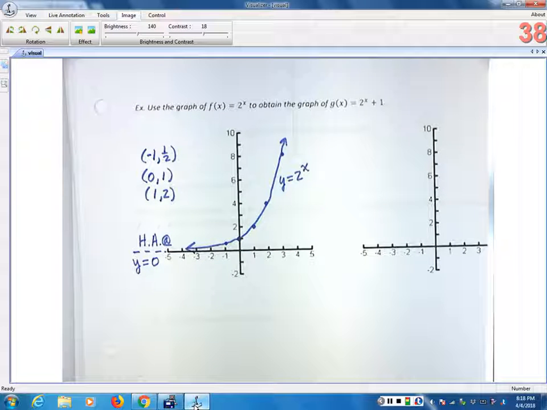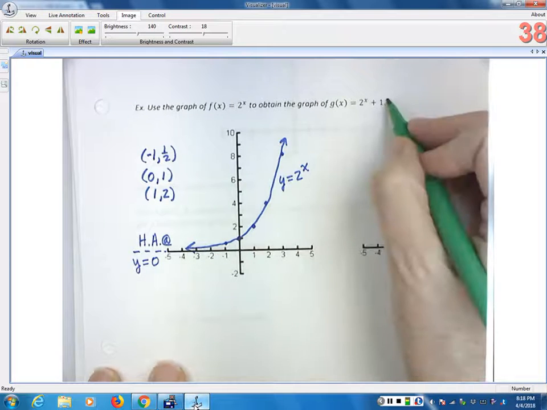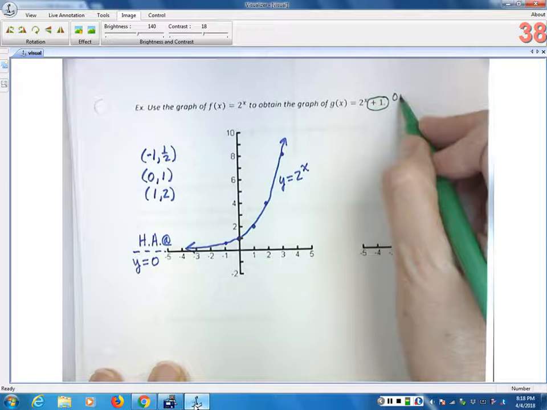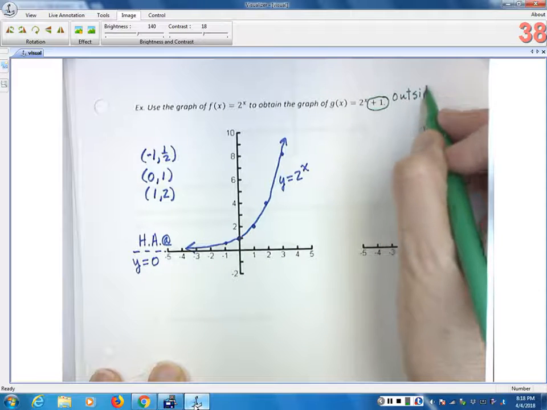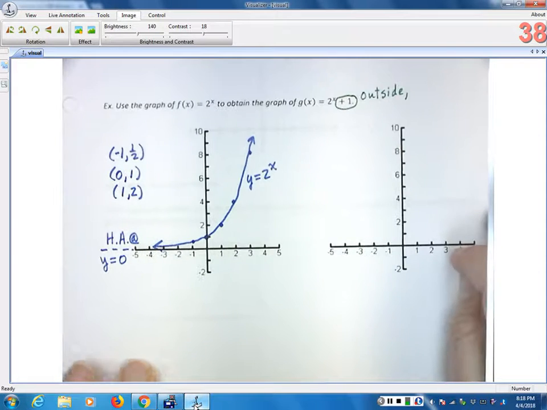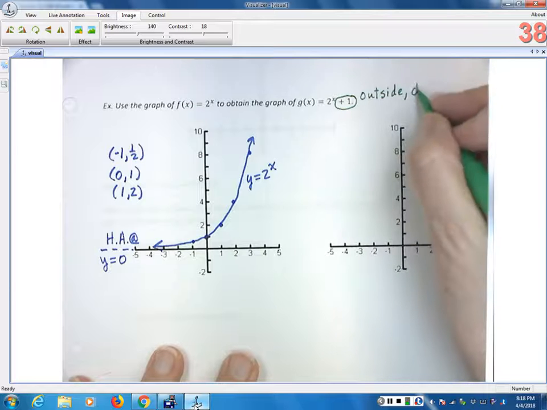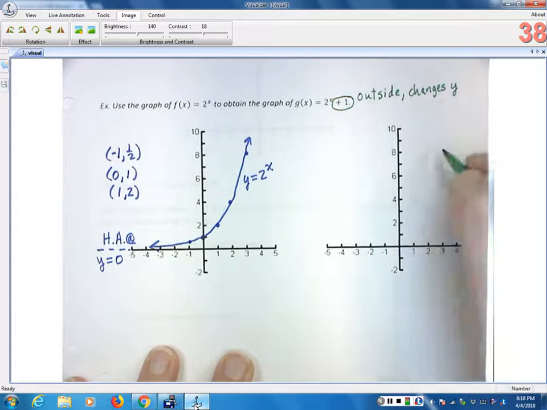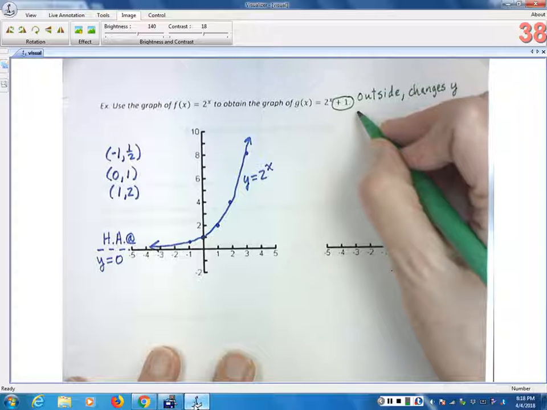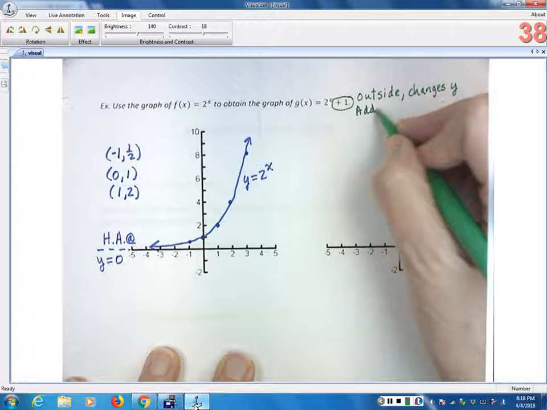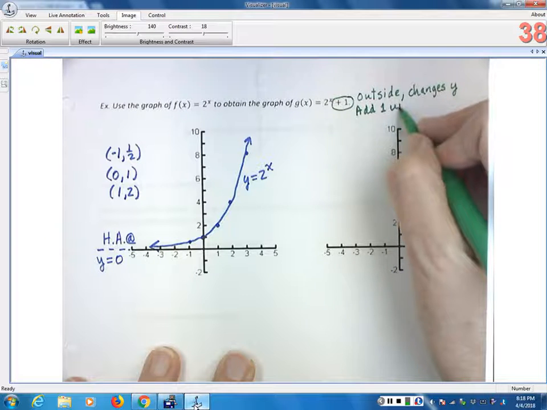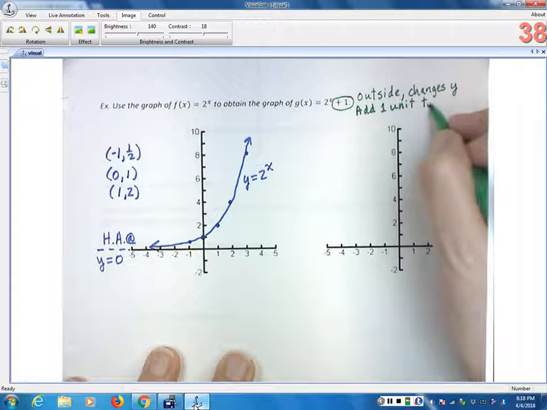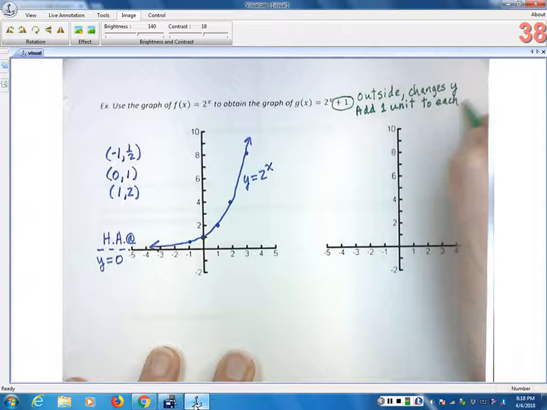Okay, now we're going to shift that. We're adding 1 on the outside. That changes y. And remember, that means you add 1 unit to each y coordinate.